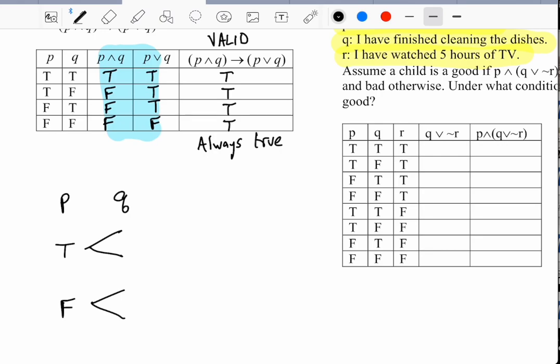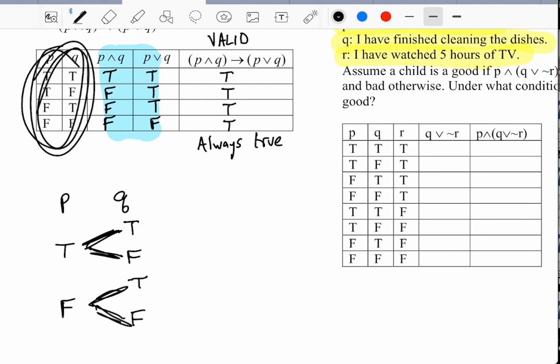Maybe P is true and Q is true. P is true and Q is false. P is false and Q is true. Or P is false and Q is false. That's actually where these values come from. You go across the line: true, true, true, false, false, true, false, false. That's where all this stuff is.